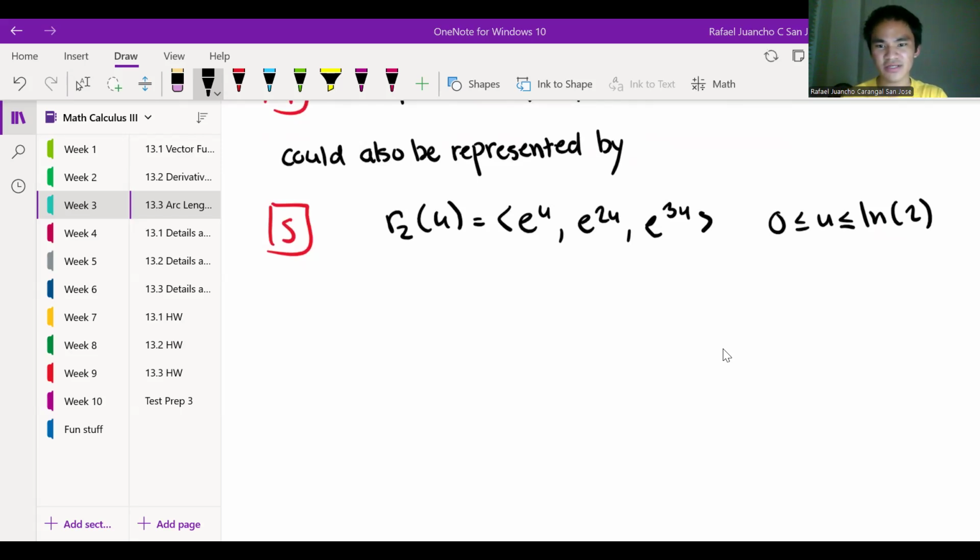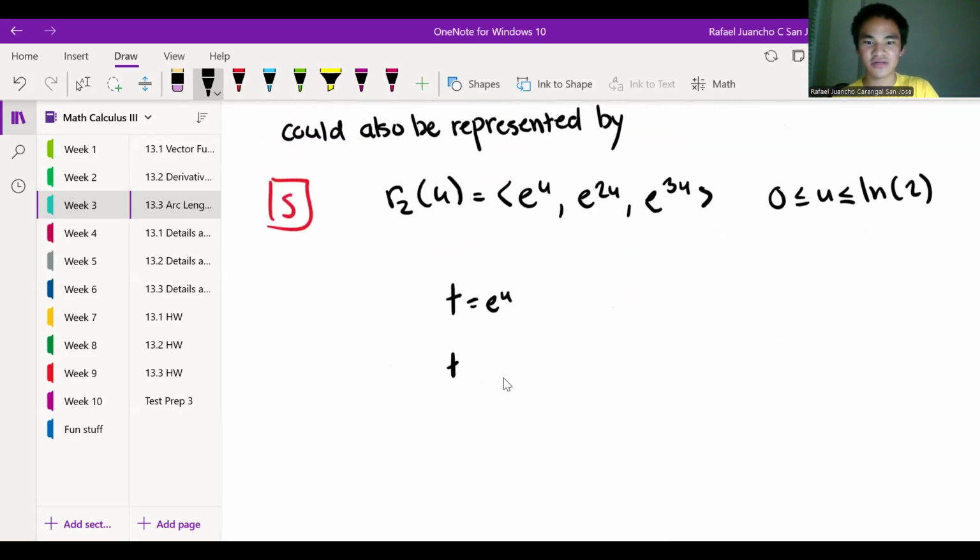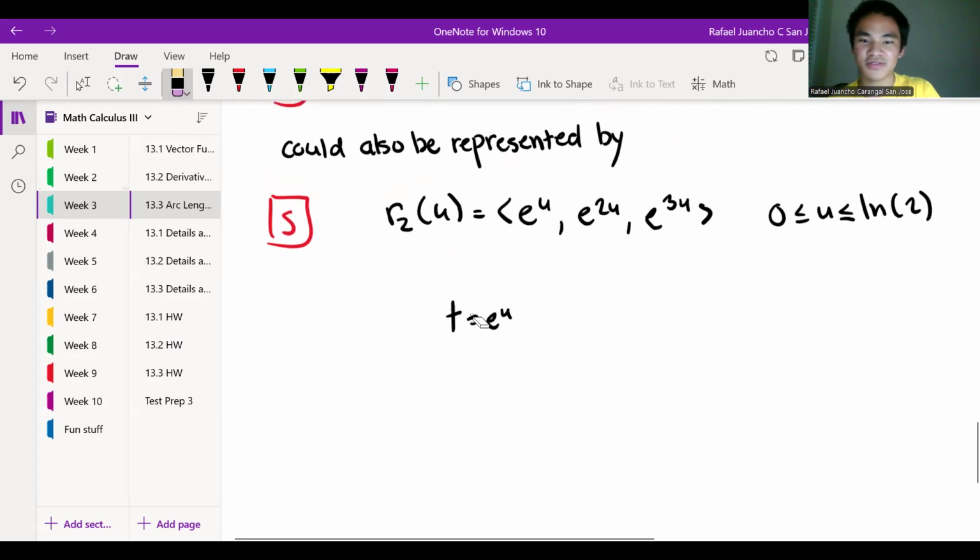And so we can actually connect these parameters. We can say t is equal to e to the u. Oh, and then we derive from that: t squared is just e to the u squared, which is e to the 2u. And then e to the 3u is just t cubed.